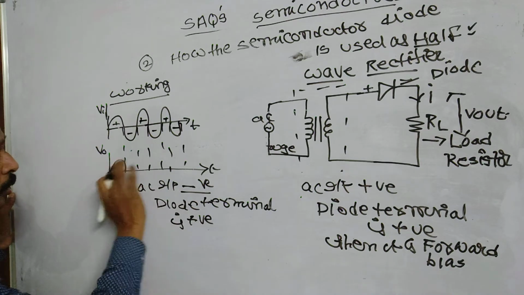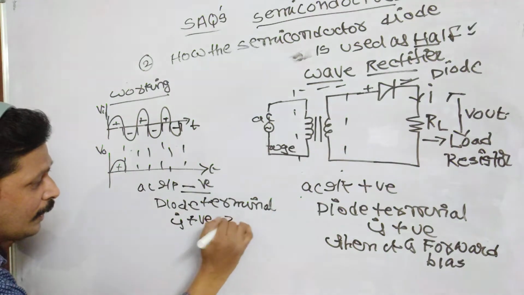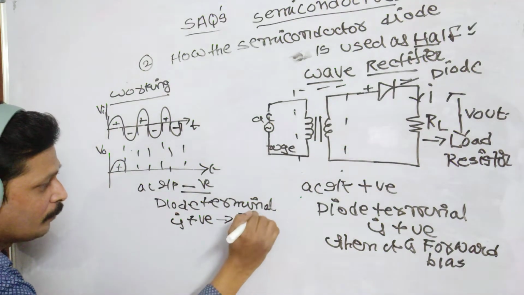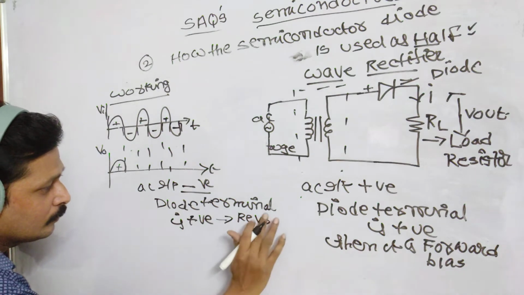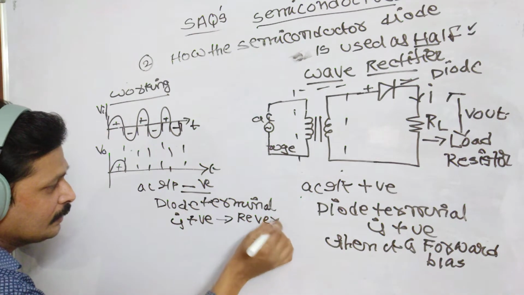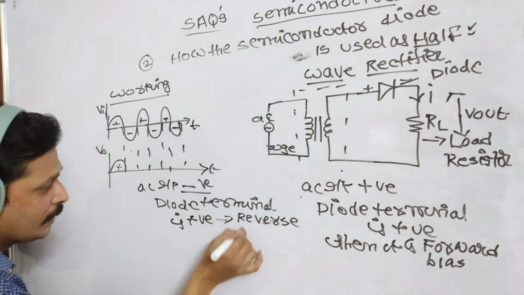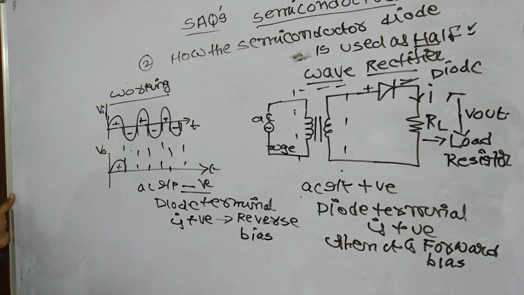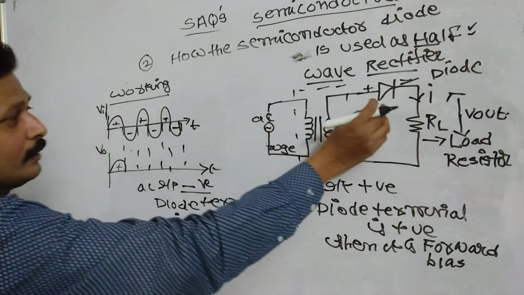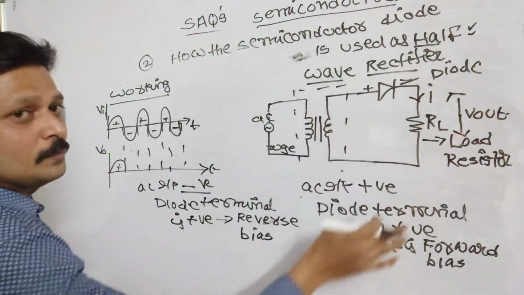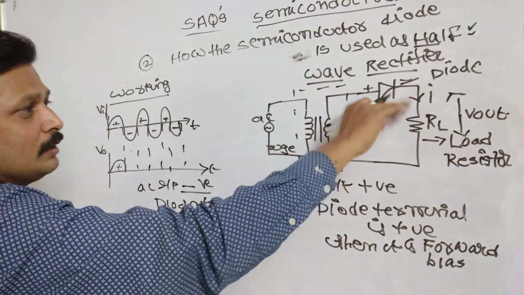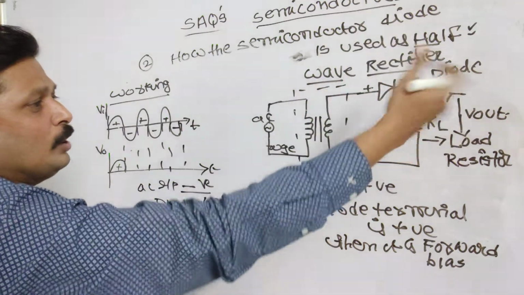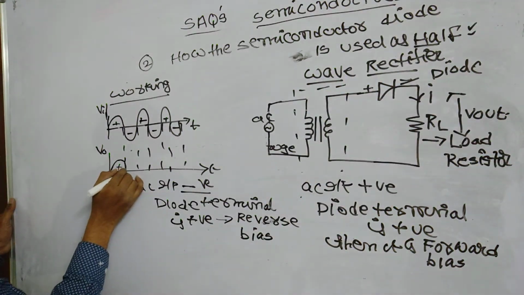Whenever it is negative and positive, what kind of biasing is it? Reverse biasing. The nature of biasing is reverse bias. Once it is reverse bias, what happens? The waveform does not pass through. In reverse bias, the waveform does not pass. Output is not present, that is why it is 0.